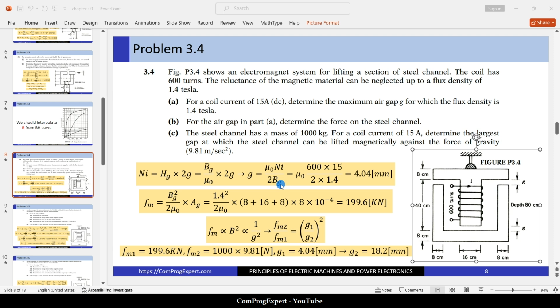If you replace the numbers, for mu 0, the number of turns 600, the current 15 amps, and 2 times the B gap 1.4 Tesla, the air gap thickness will be equal to 4.04 millimeters. So this is part A.